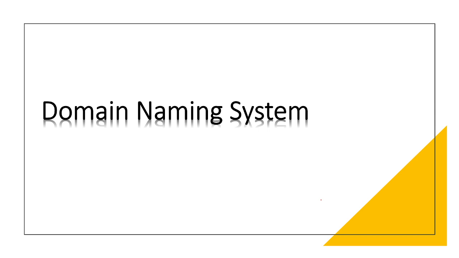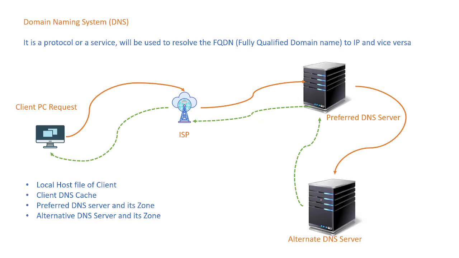The nature and the work of DNS is that it will always try to resolve a host name into an IP address and an IP address back to a host name.